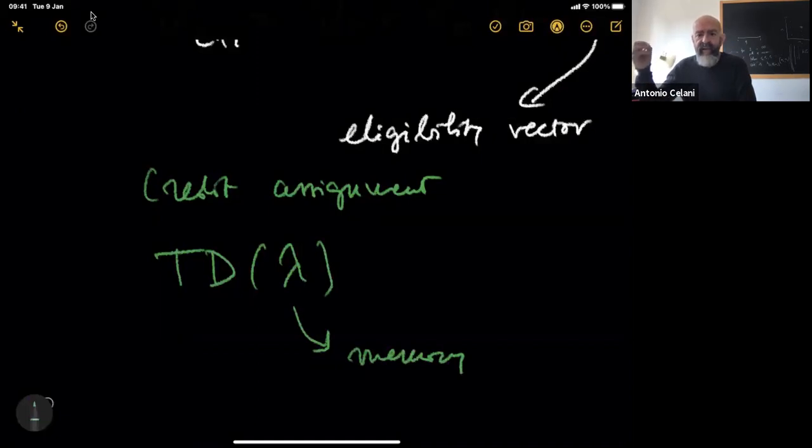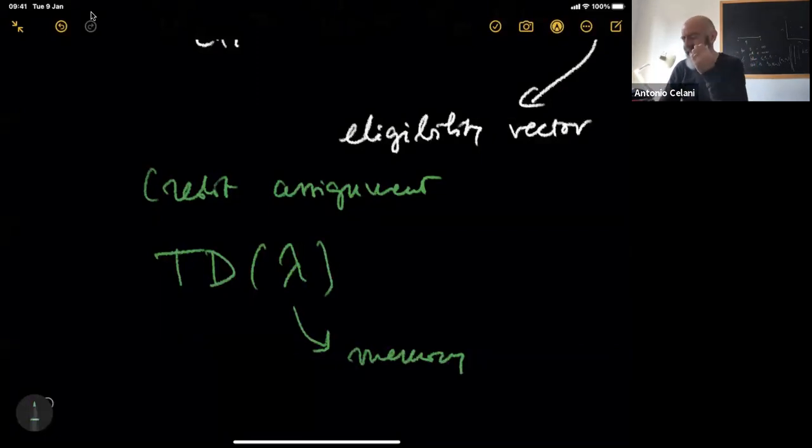TD0 means that basically you don't blame or you don't give positive credit to what happened except from the very last step in your visiting around the states. But with lambda, you go back in the future.